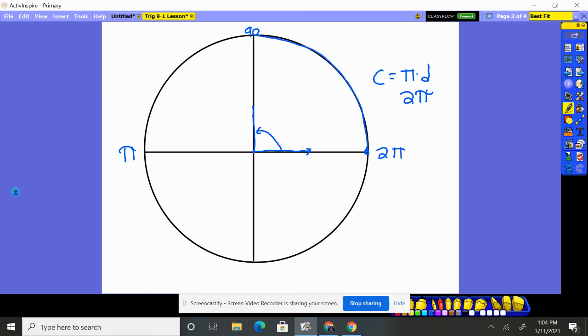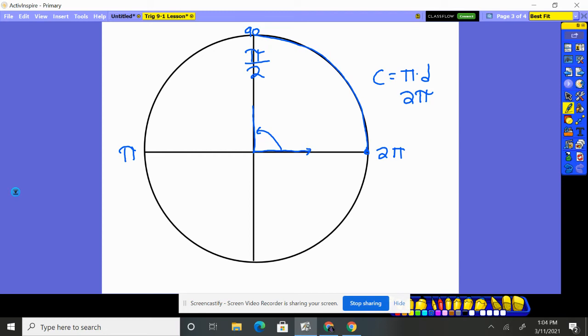Well, that's half of pi, or pi divided by 2. And again, that's 3.14 divided by 2. But we refer to it in radian terms as pi over 2. We're going to refer to our radians always in terms of pi, because all the way around a 360-degree turn is 2 pi. So we're going to refer to it in terms of pi. It makes life a lot easier.